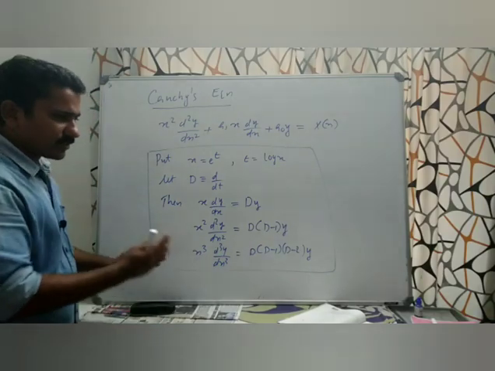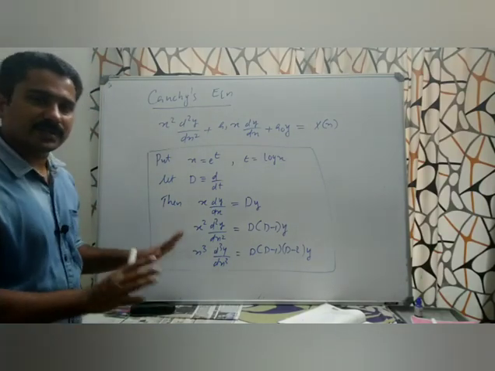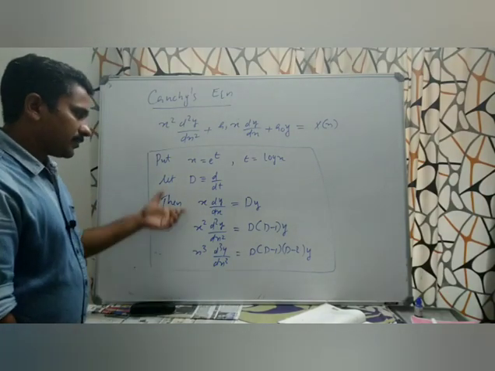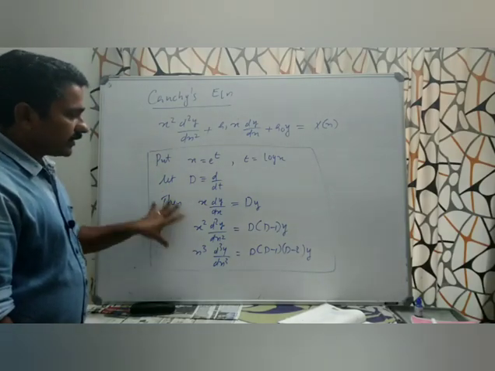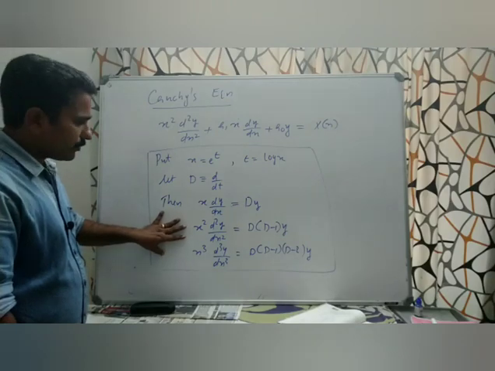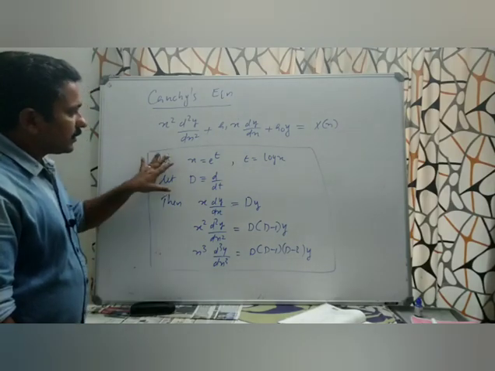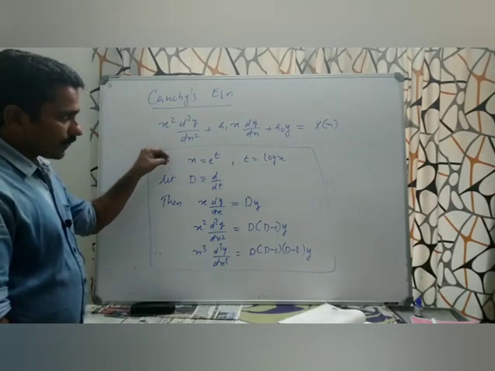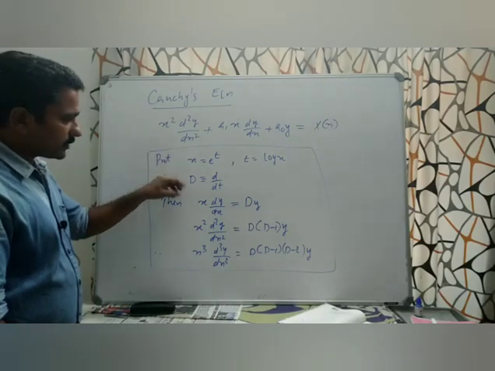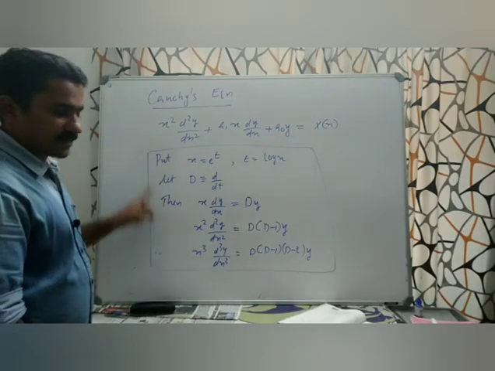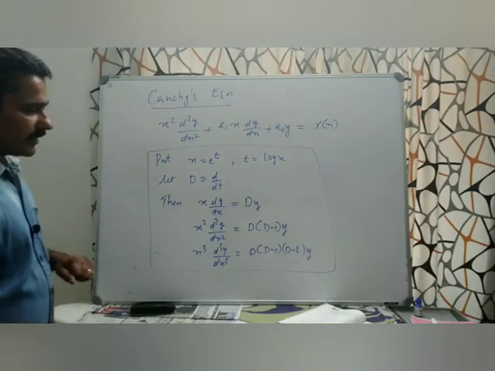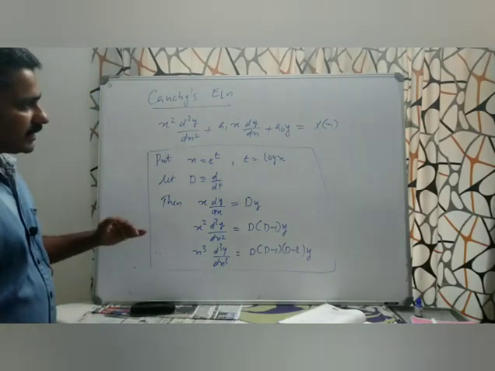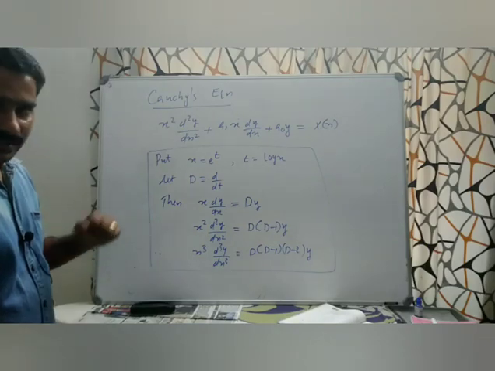And you can solve that using any of the methods we have studied. That's it. So these are the things to be remembered, and when you do a problem, in all the questions you have to show these substitutions. Right, now let's see some examples.